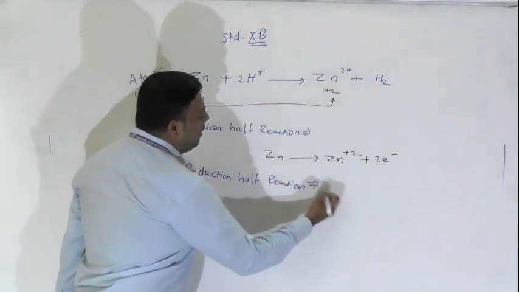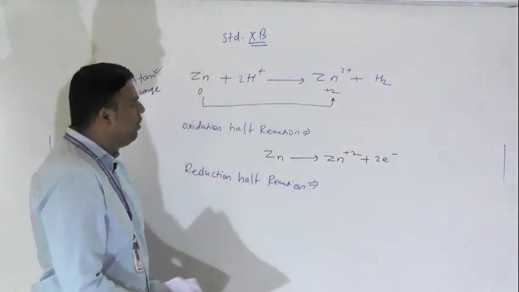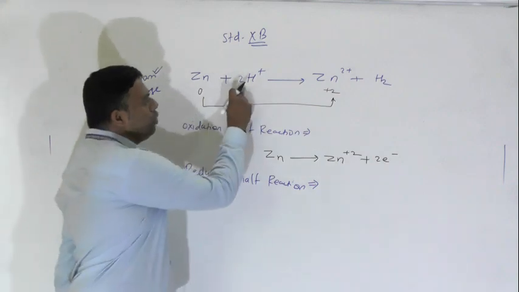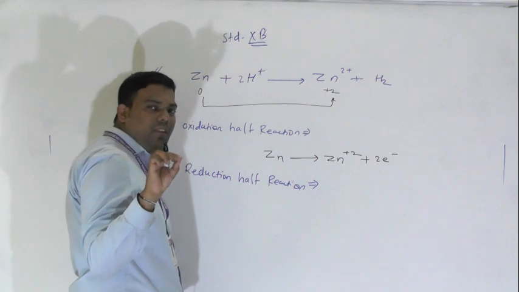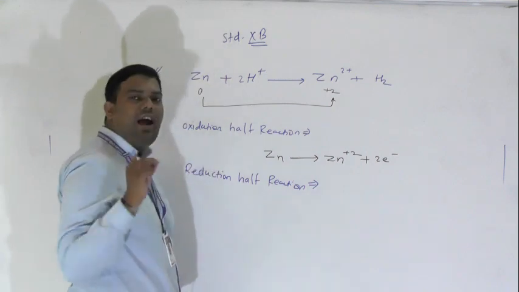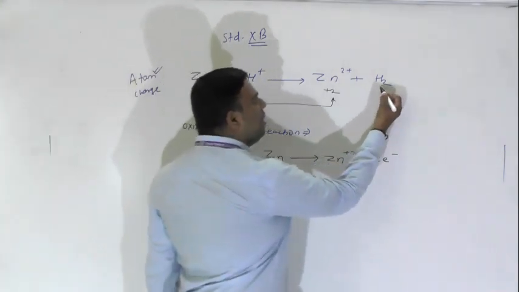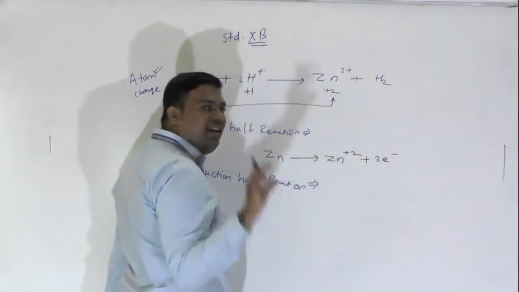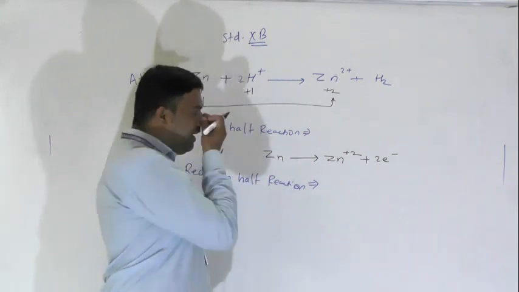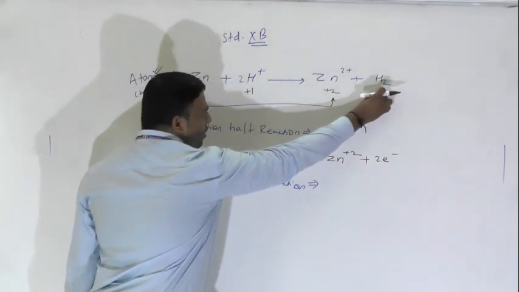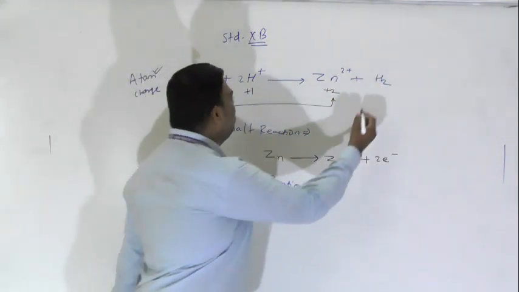In the reduction half reaction, you will easily observe that the original charge on hydrogen is +1, and it goes to H2. As per the rules for assigning oxidation number, in the elementary state the oxidation number of an element is 0.